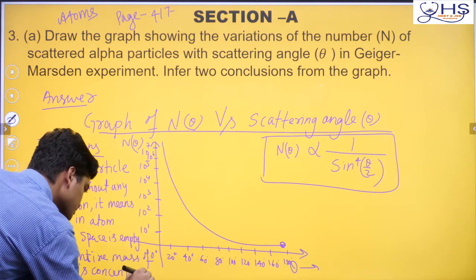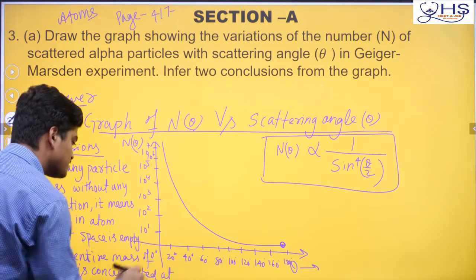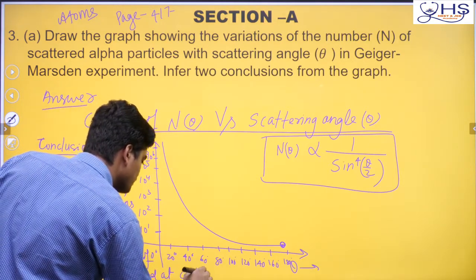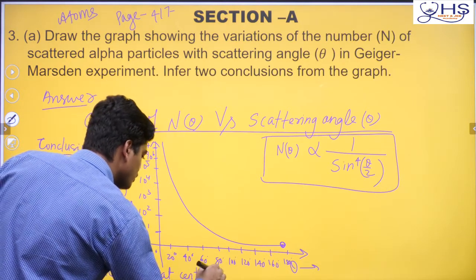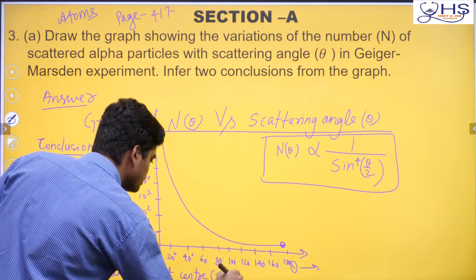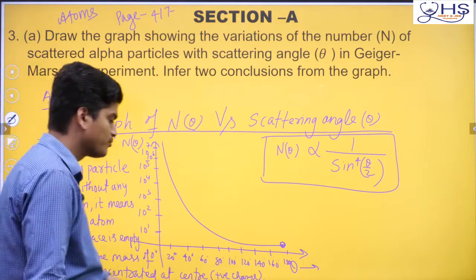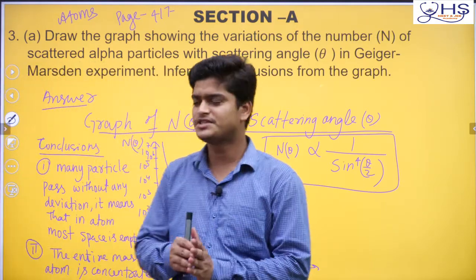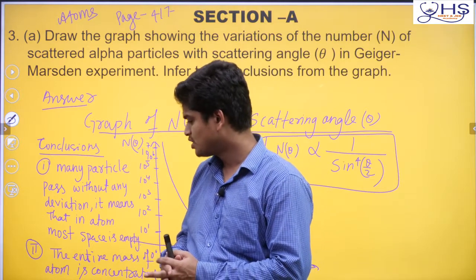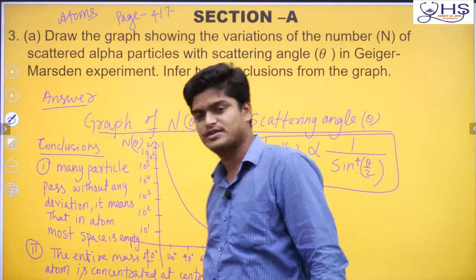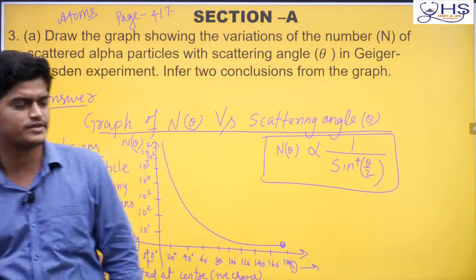Concentrated at a center, and with it there is also positive charge. Actually it is a positive charge also. You can put it here. Okay, so in the sentence itself you can put that it is positively charged, total mass concentrated at that point. Okay, these two conclusions you are getting from this observation.